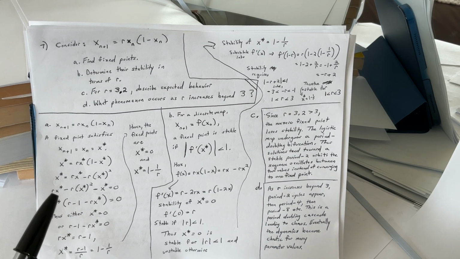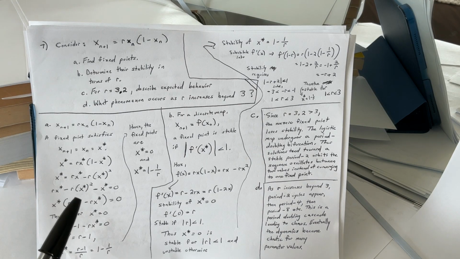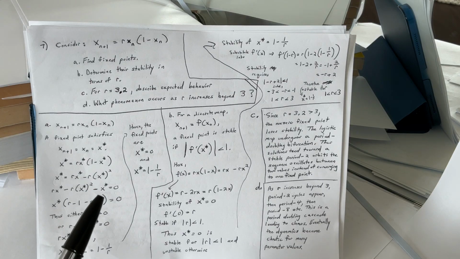From here, r x star minus r x star squared minus x star equals 0. Factor out the x star. Thus either x star equals 0 or r minus 1 minus r x star equals 0. So r x star equals r minus 1, and we get x star equals (r minus 1) over r, or 1 minus 1 over r.